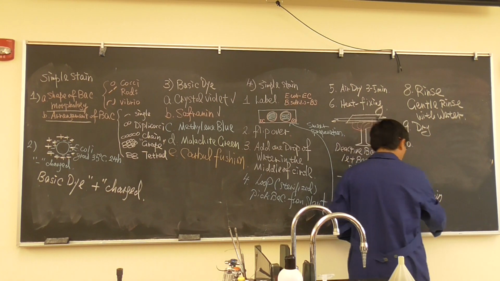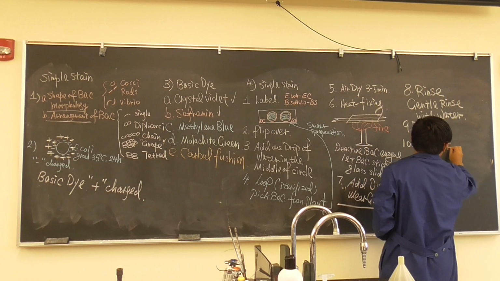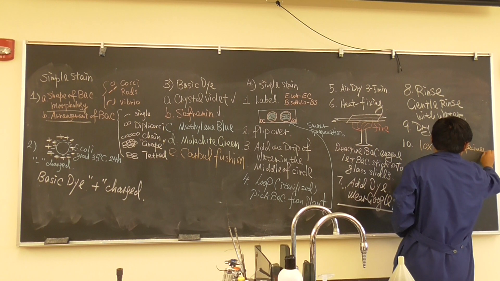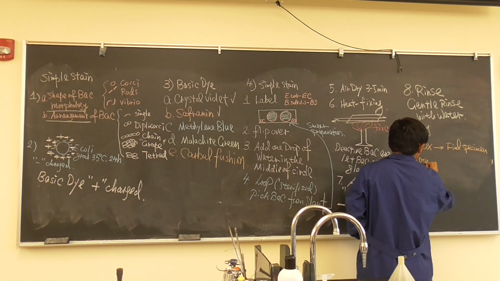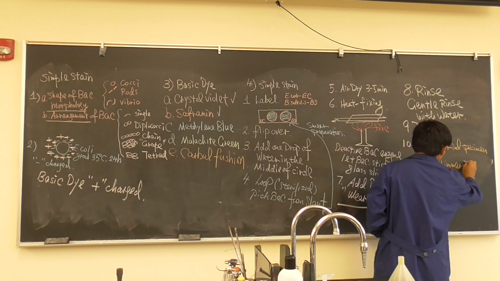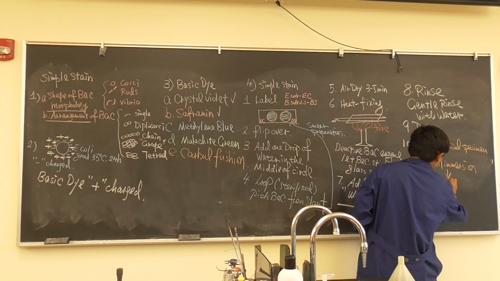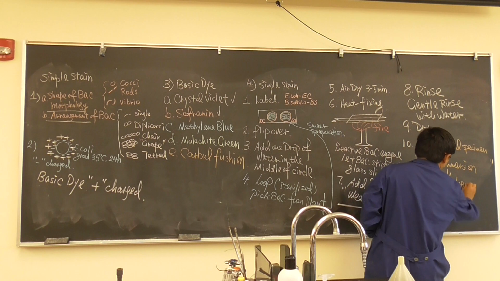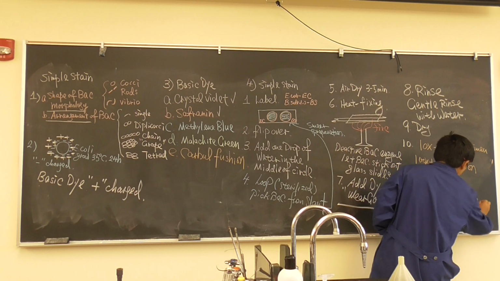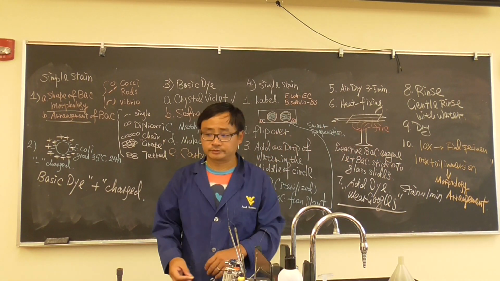For the observation, what we're going to do is use 10x to find the specimen and then use 100x with oil immersion. We're going to see the morphology and arrangement of bacteria. Okay, that is very important.